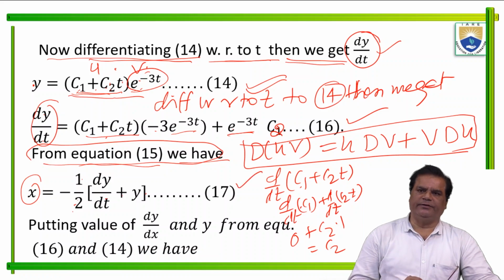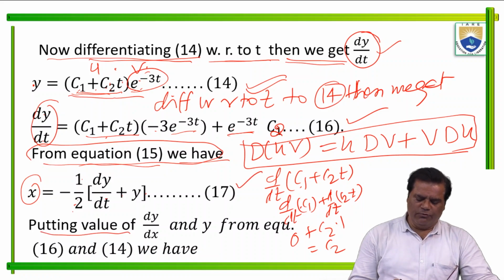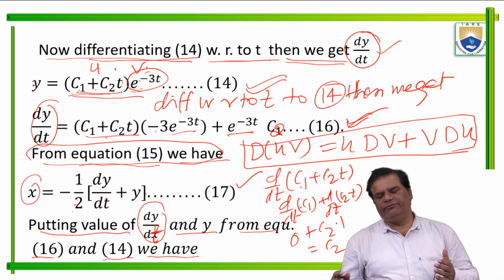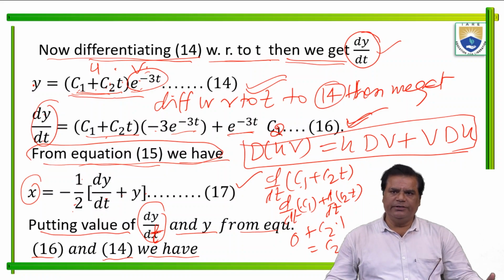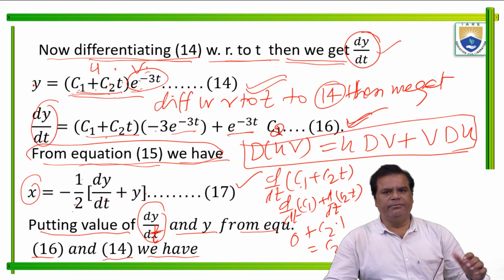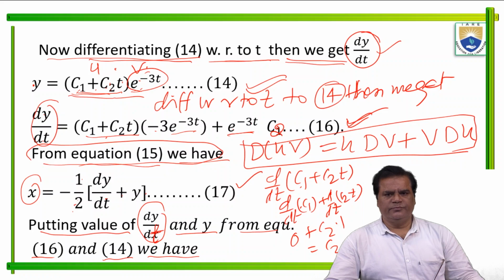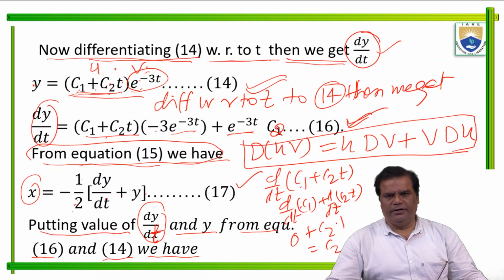This is equation 17. Putting the values of dy/dt and y from equations 16 and 14. What is 16? It represents dy/dt, the differentiation of equation 14.